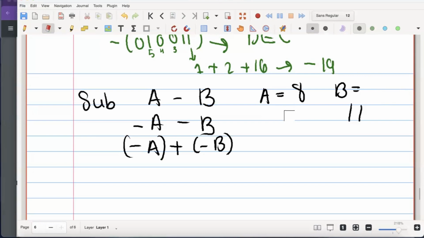Actually, no, since this is 1, 0, 0, 0. Okay, this works. 11 is going to be 1, 0, 1, 1. Okay, there. Now we converted A and B to binary representations.